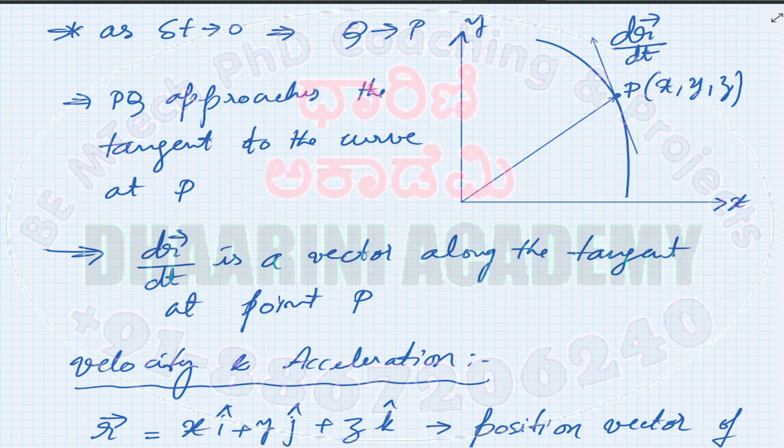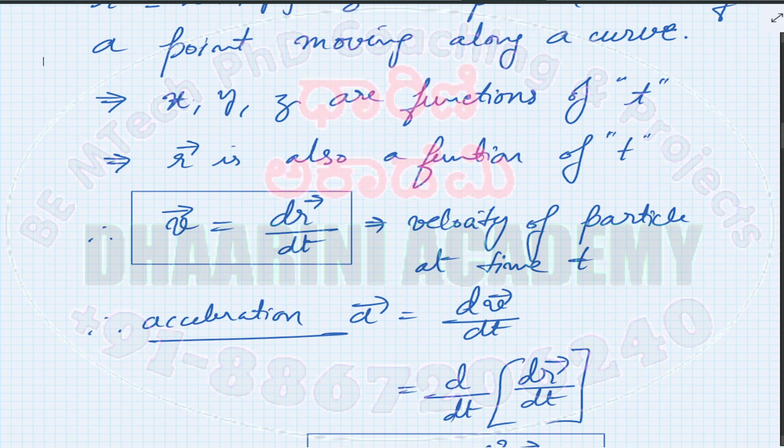So you get a tangent itself, a vector, at that particular point P. The concept is you have a vector, you differentiate the vector, and what you get is a vector along that direction. Now we extend this concept to velocity and acceleration.